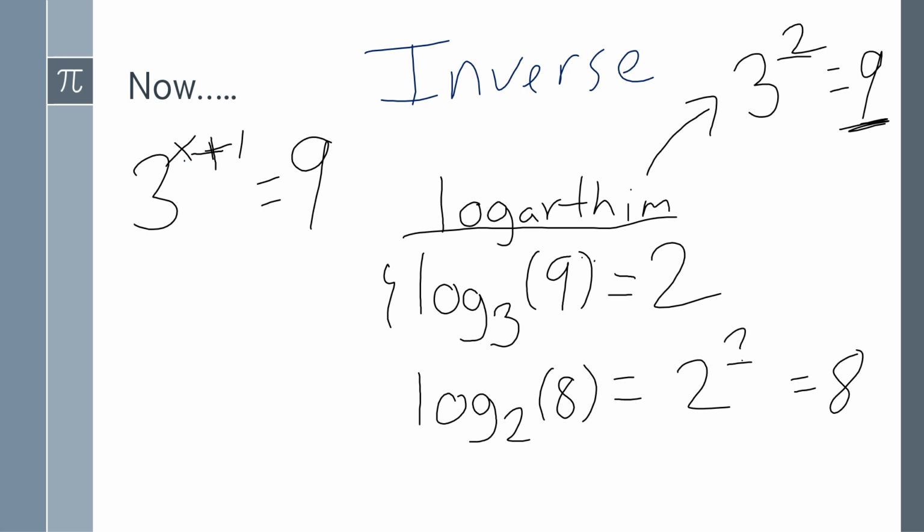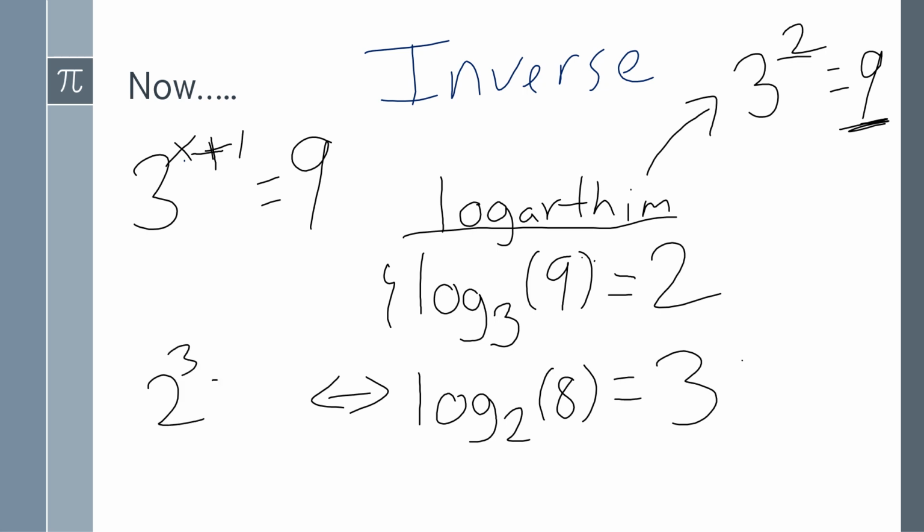And you say the answer is 3. 2 to the power of 3 is 8, and the log base 2 of 8 is 3. One more example, then we go on.